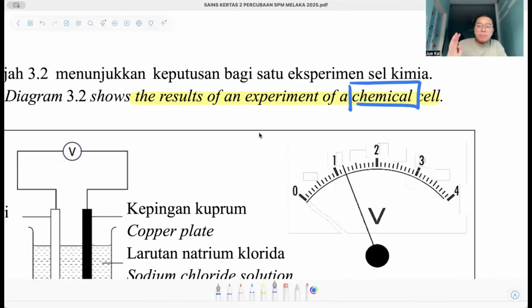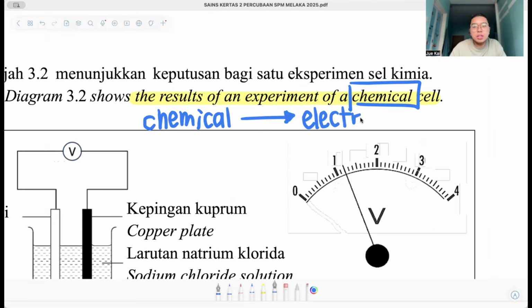So for chemical cell, I want to produce electrical energy, so it will be chemical energy changed to electrical energy. Clear? So chemical cell, I want to change chemical energy to electrical energy.